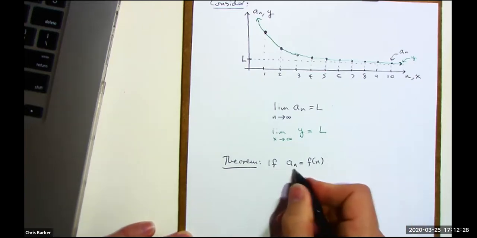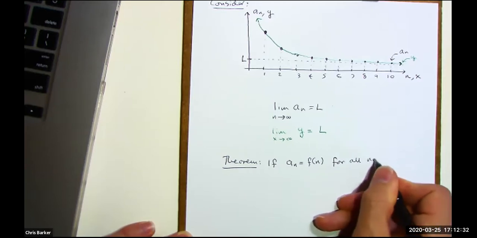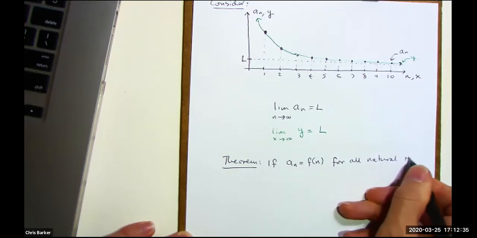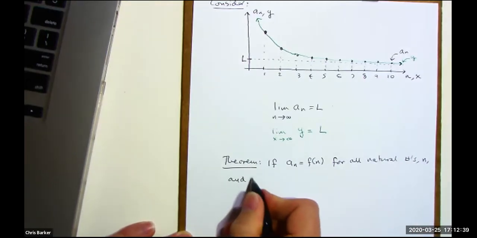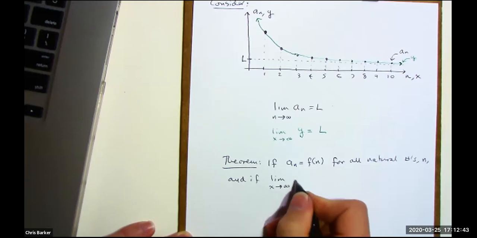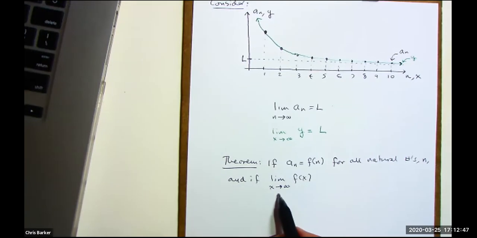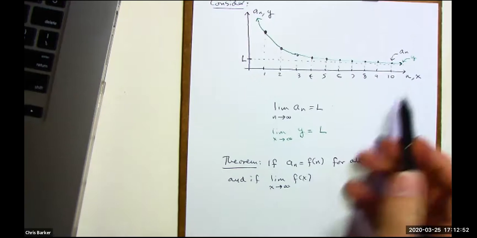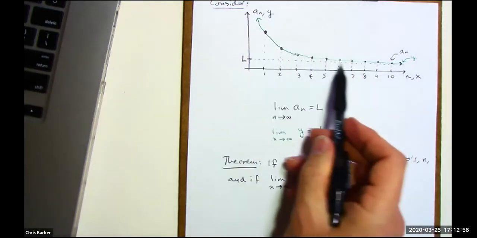So if A sub n is the same as f of n for all natural numbers n, and if the limit as x approaches infinity of f of x, notice I've switched variables, I'm using x, not n now. In other words, I'm looking for the continuous case, the one where everything does get to have every value at once.